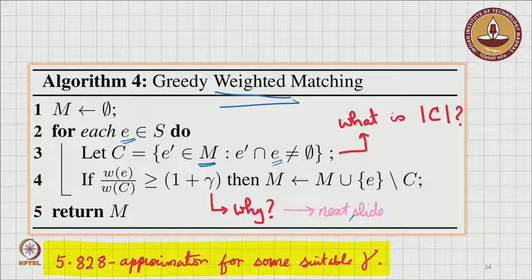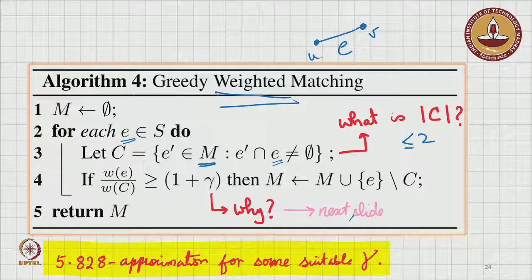And note, the question is, what is the cardinality of this set C? It must be at most 2, because the current edge, let's say, is E, and let's say it's between U and V.